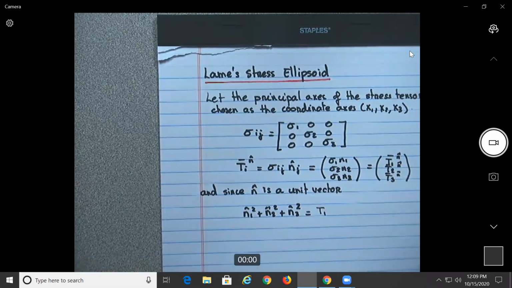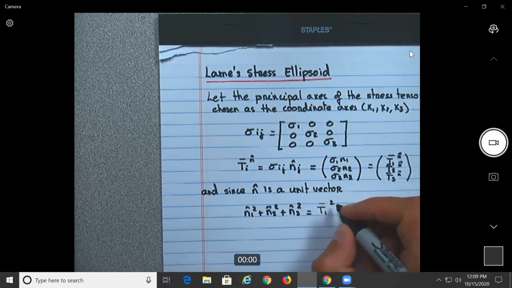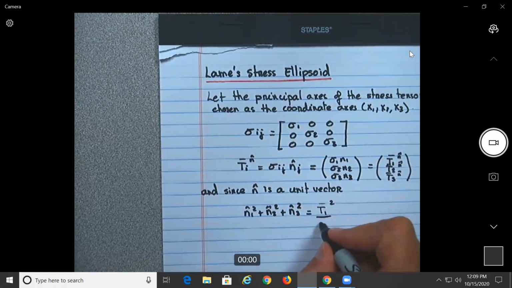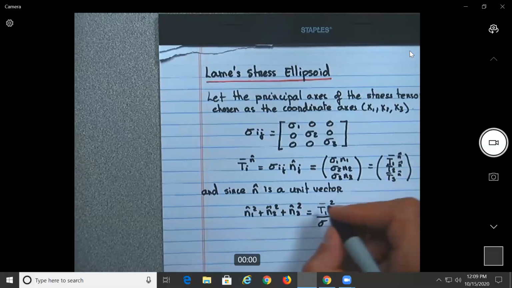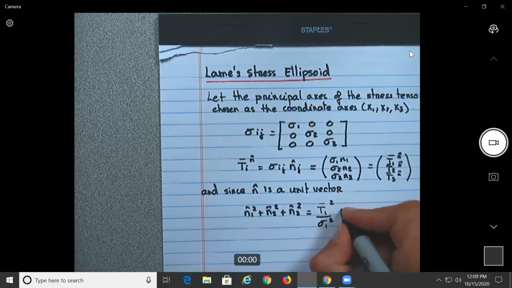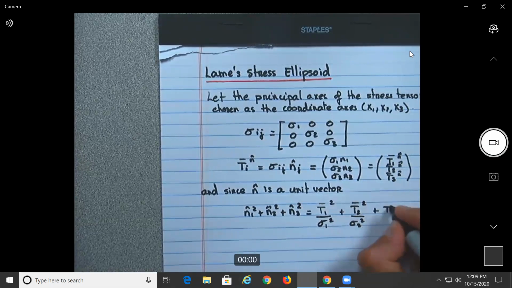I don't want to put the n, it's going to be too much. I'm going to forget about the n here. T1 square over sigma 1 square plus T2 square over sigma 2 square plus T3 square over sigma 3 square equal to 1.